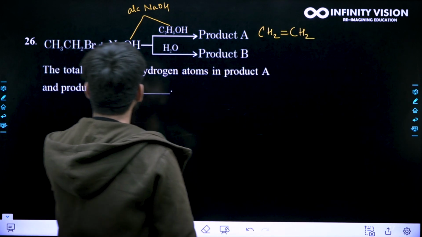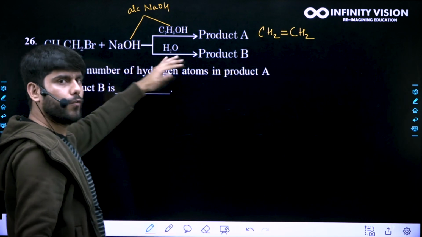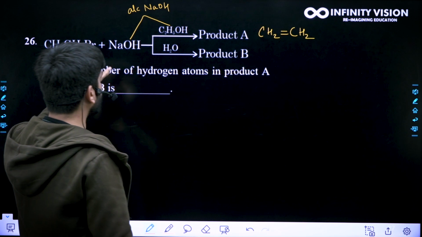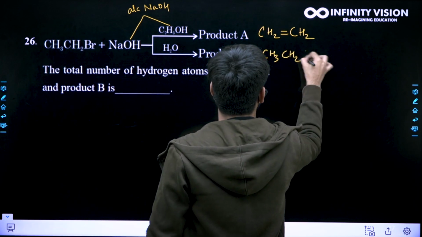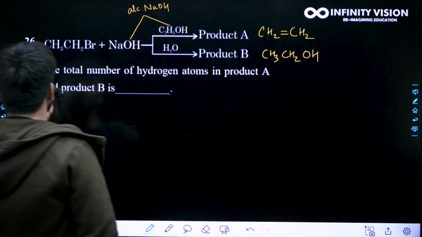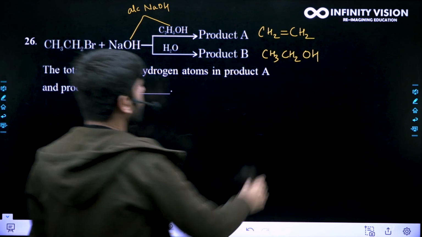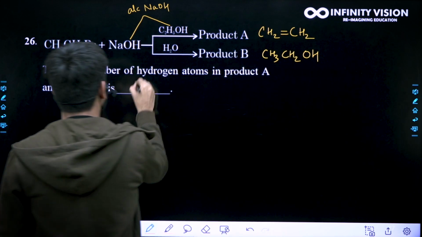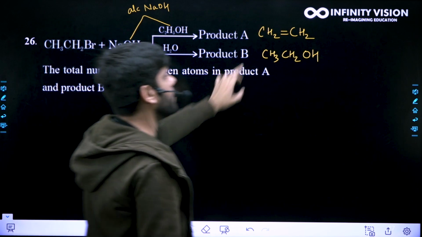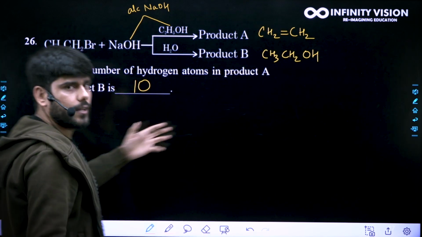And in the second case, this is aqueous NaOH. That means it is an example of nucleophilic substitution reaction where Br is replaced by OH. So we get ethanol. The total number of hydrogen atoms in product A and product B combined is, so let's see, 3, 4, 5, 6, 7, 8, 9, 10. So there are 10 hydrogen atoms in product A and B. All right? So quite a simple question.